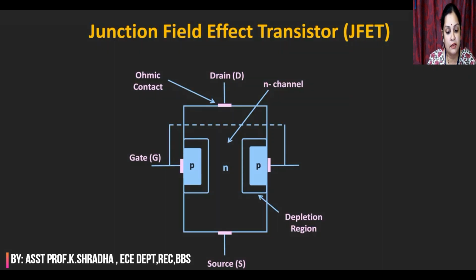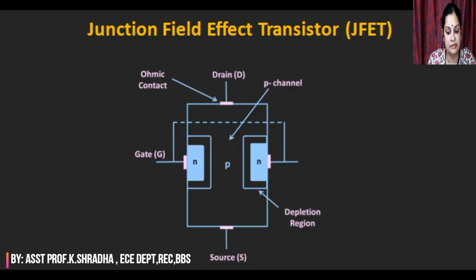So in this way, this reverse biased PN junction isolates the gate terminal from the channel, and that is why this type of field effect transistor is known as JFET or junction field effect transistor.